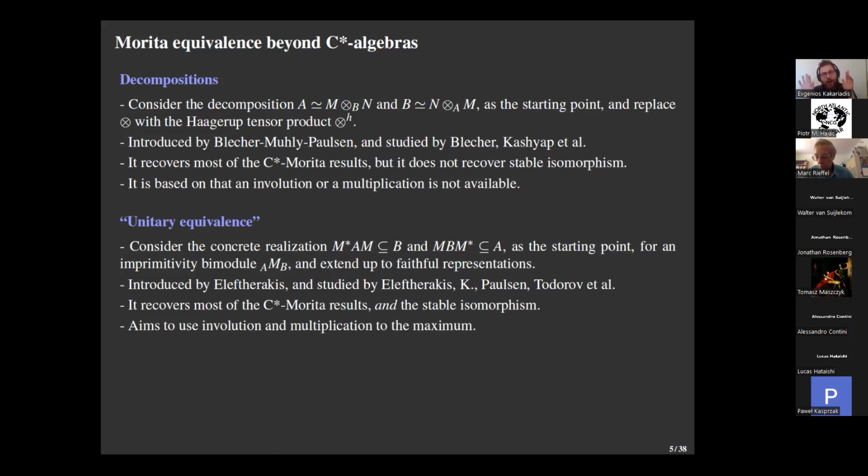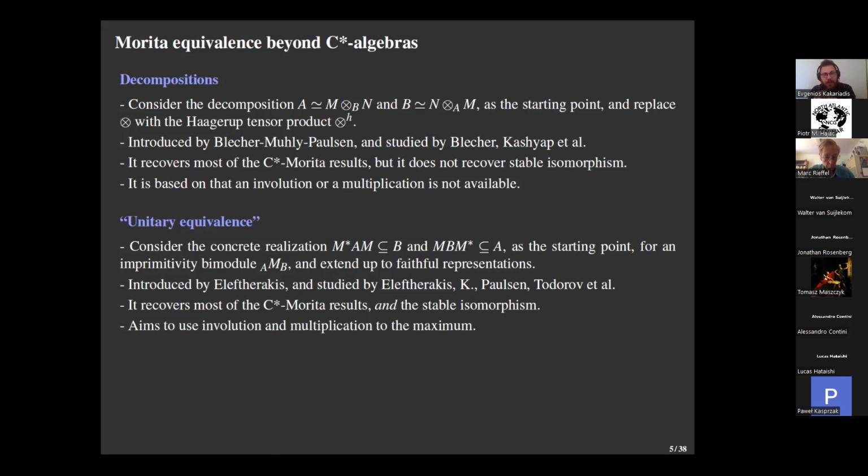If you see the symbol M, the imprimitivity bimodule, as being what a unitary represents for operators, the imprimitivity bimodules represent it for C-star correspondences. So use that and extend it up to faithful representations in order to have some kind of an abstract notion of Morita equivalence.